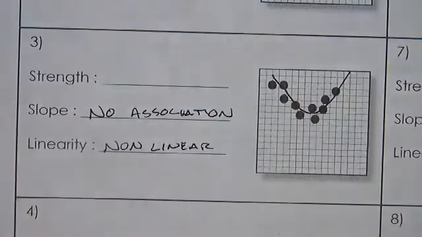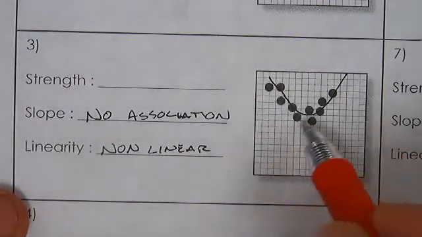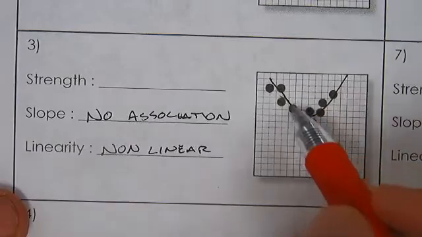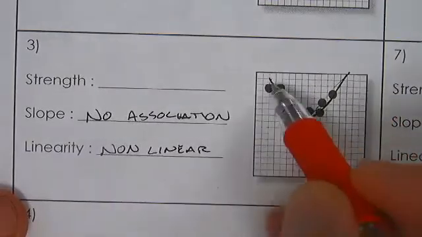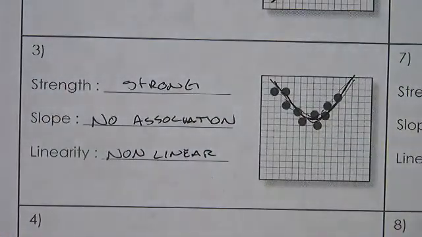There's no slope there. Now, but the strength, does it follow this kind of trend line or this pattern? And kind of, yes. This data does seem to fit a defined pattern. And so in which case I would say this is a strong correlation.